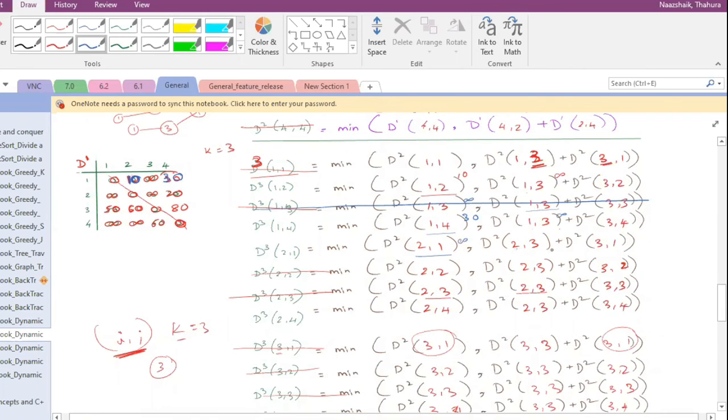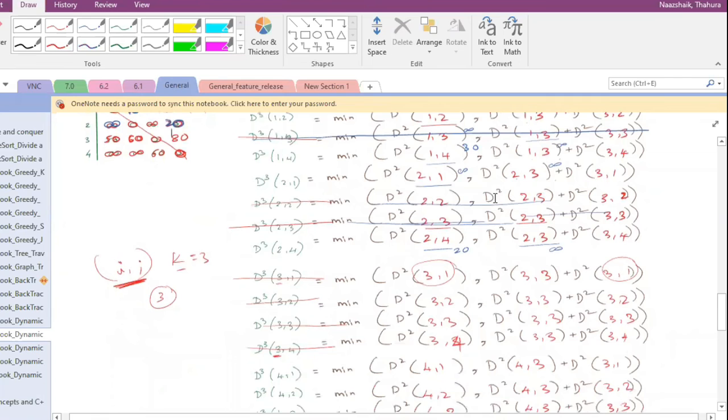Can I go from 2 to 3? But 2 to 3 is also infinity, so no change. All of this we're skipping. Let's do this. 2 to 4 is 20. 2 to 3 is infinity, so 20 remains.